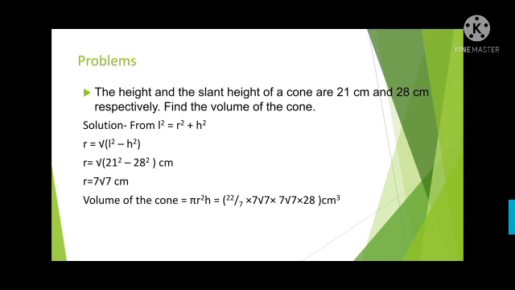But if you are given radius and height and you have to find the slant height, you can use the same formula, and the same goes for slant height and radius, to find the height of the cone. Now we have to find the volume of the cone. Since we have the radius, we can substitute it and find the answer. And the answer is 7546 centimeter cube.